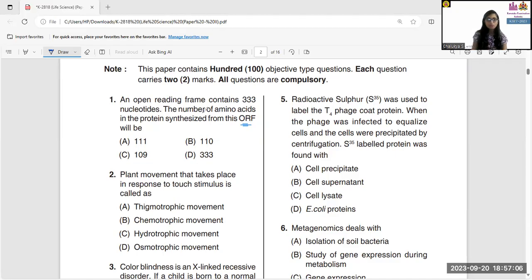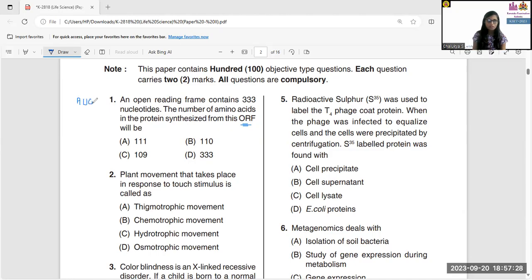So here in this question, they are saying 333 nucleotides are there in the open reading frame. Okay. So they are asking what? The number of amino acids in the protein synthesized from this open reading frame will be what? Okay. So usually 3 nucleotides make a codon, right? So for example, AUG is there.